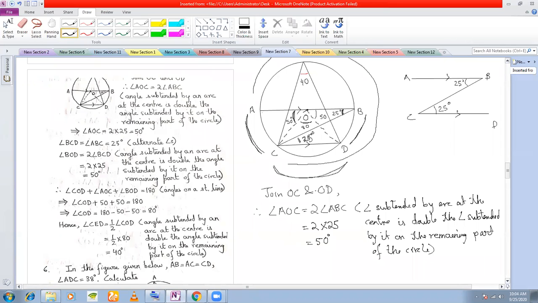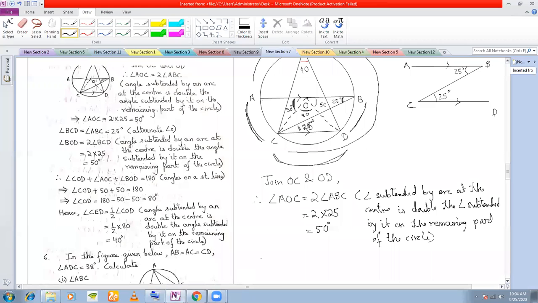Next, the alternate angle part. Angle ABC is equal to angle BCD is equal to 25 degree. Why? Because they are alternate angles. Okay. So therefore, what is angle BOD? BOD is twice of angle BCD.